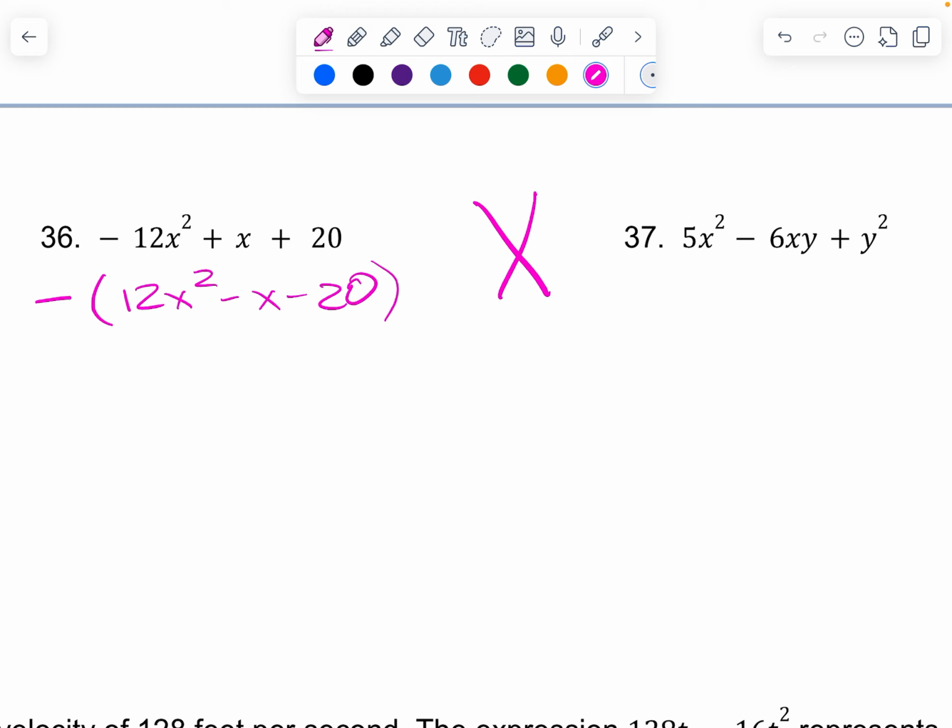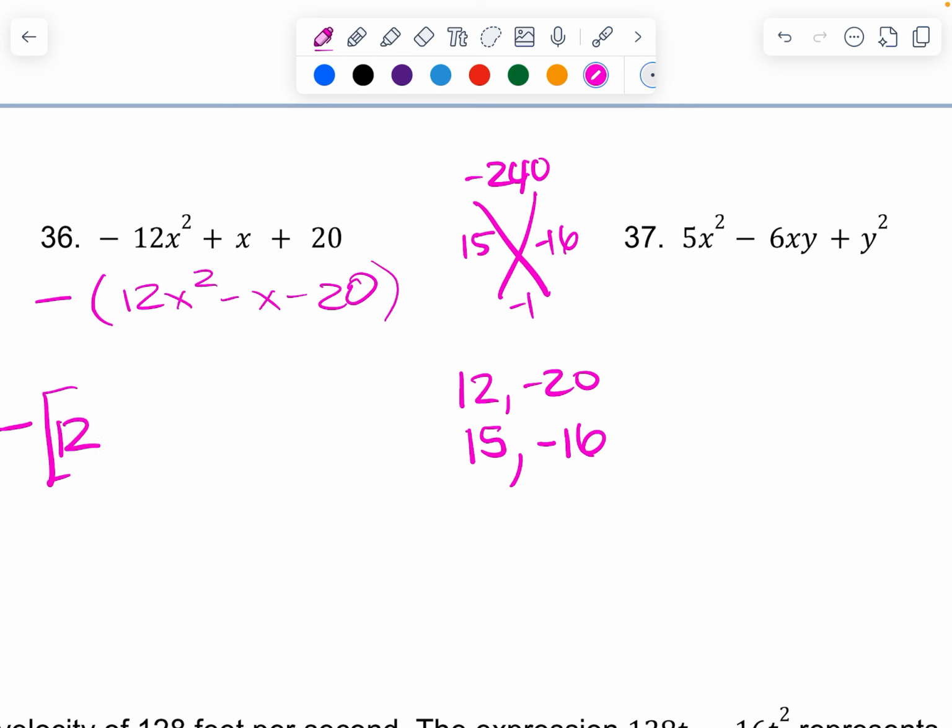So, what are the factors of negative 240 that add to negative 1? So, let's see. We could go with these two. That's not it. 12, 13 doesn't go in, 14 doesn't go in, 15. 15 would be, look at that, negative 16. So 15 and negative 16, so I have a negative out front.